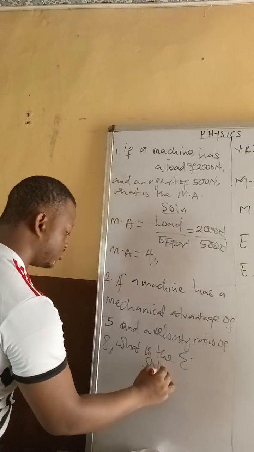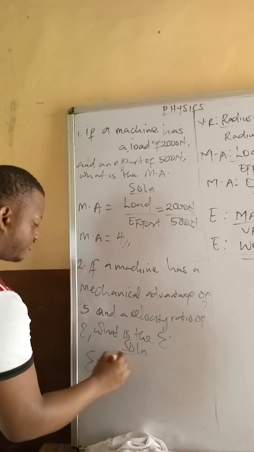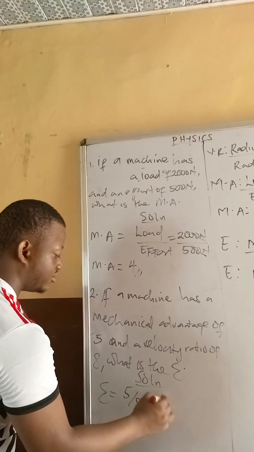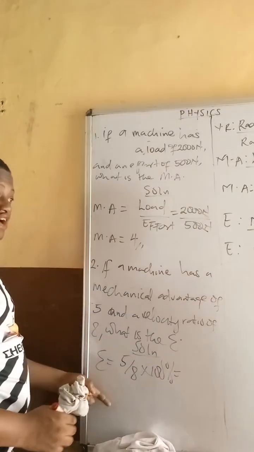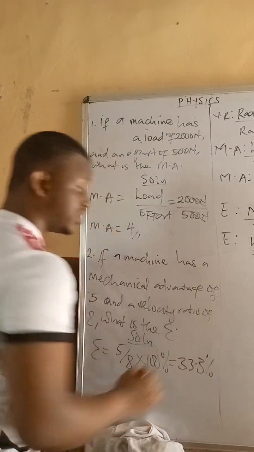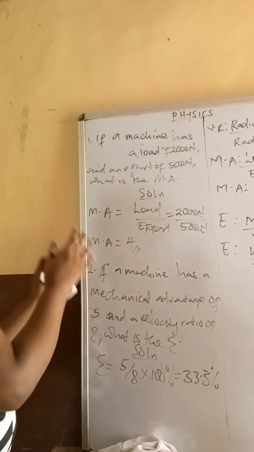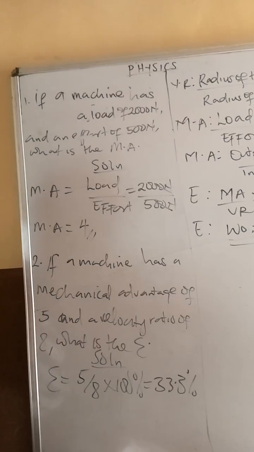The solution: efficiency is 5 over 8 multiplied by 100%, and if we divide, this gives us 33.3%. So this is how to calculate questions based on machines.